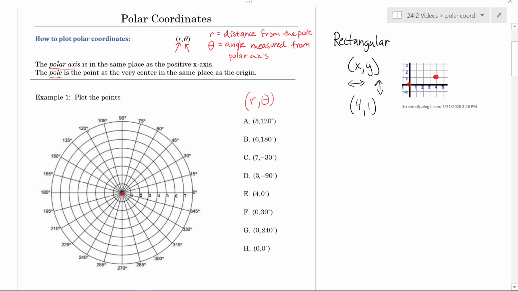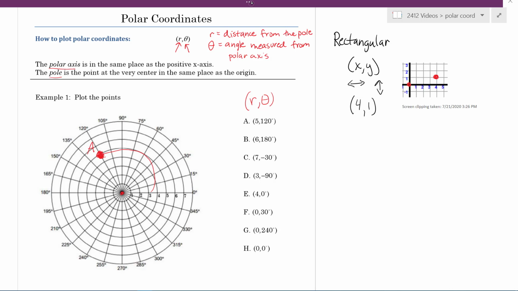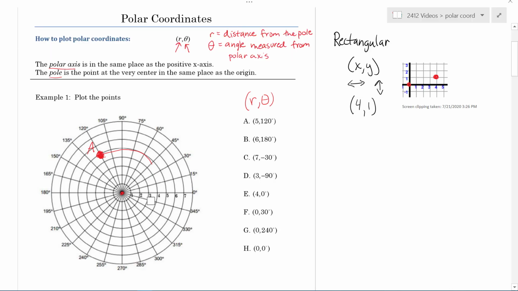So that puts me right here on circle 5 at the 120 degree mark. That is the location of point A, so I'm going to label it A. It's on circle 5, 5 units away from the pole, but in the direction of 120 degrees measured from the positive x-axis.